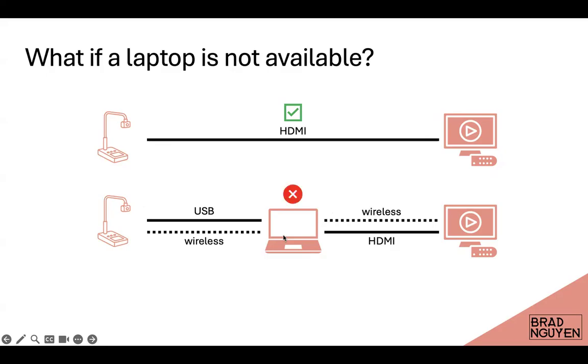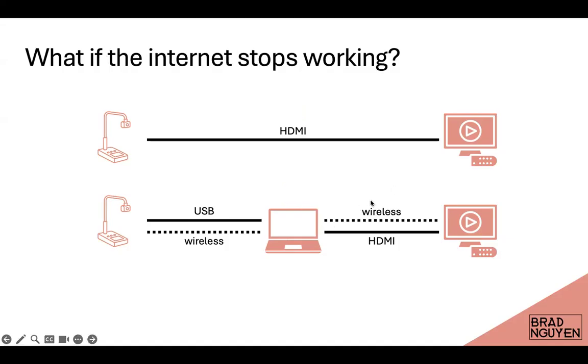Okay, another problem that can crop up is the internet stops working. You know, that's happened at my school plenty of times where the internet stops working, everyone freaks out, everyone starts tethering to a hotspot. If the internet stops working, it means that wireless connections don't work. So that means that if your visualizer is connected to the TV via HDMI, happy days, it's still going to keep working.